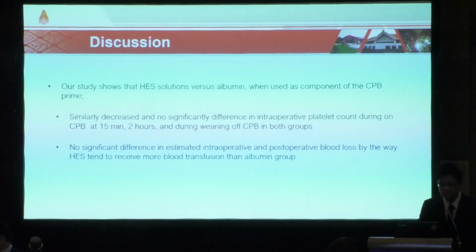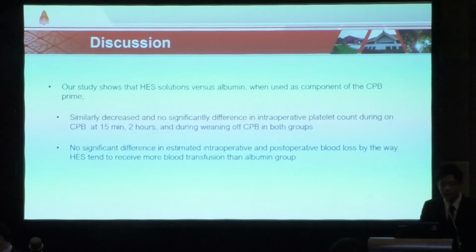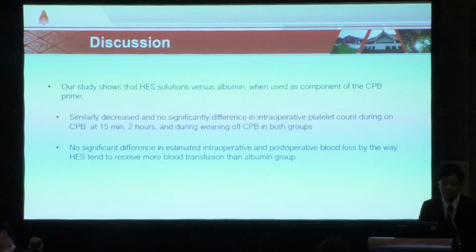Discussion. Our study shows that hydroxyethyl starch and albumin, when used as a component of priming solution, similarly decreased intraoperative platelet count during on-CPB at the 15 minute, second hour, and weaning of CPB in both groups, with no significant difference in estimated intraoperative blood loss and postoperative blood loss.